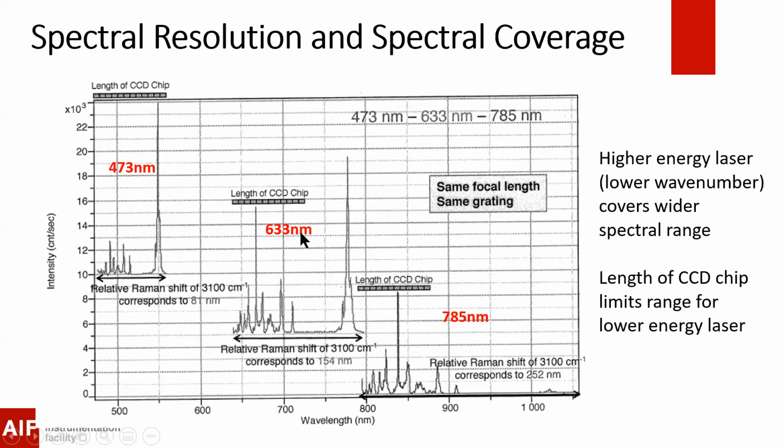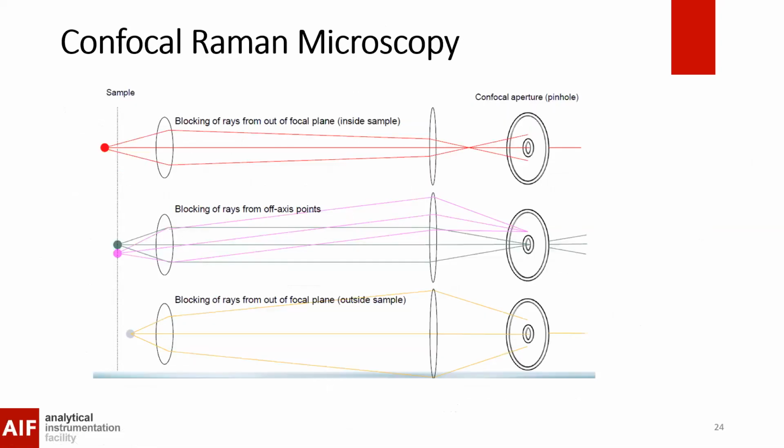The length of the CCD chip can only cover 81 nanometers at once. That's why with a higher laser wavelength, you get a better spectral resolution but poorer spectral coverage. So this is the controversy.